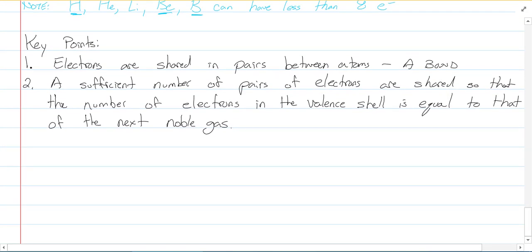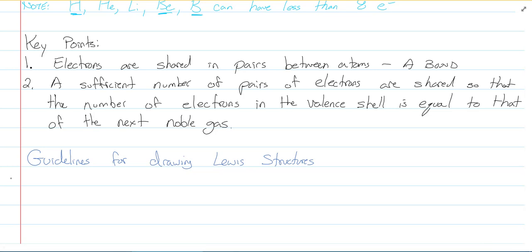Now, let's talk about some guidelines for drawing Lewis structures. I'm going to start with step 0. Why step 0? This is just how I recommend. Lewis structures are trial and error.